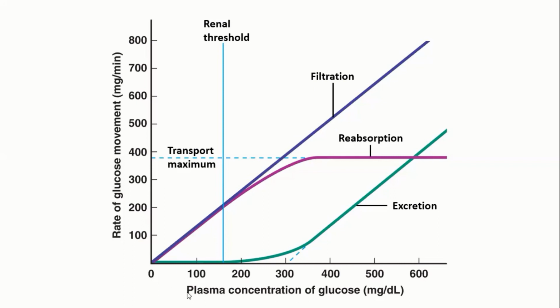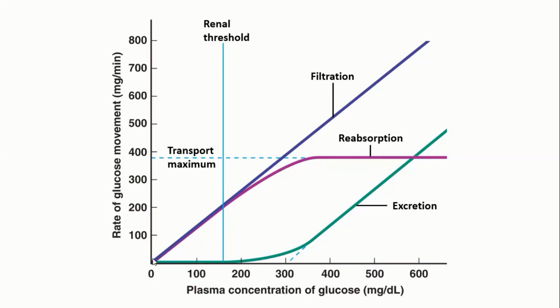As glucose in the blood increases, that just automatically increases the glucose in the filtrate. It's just going to keep going up and up. That's because the glucose is free to move across the barrier between the glomerulus and Bowman's capsule, nothing's stopping it. So any increase in plasma glucose increases the concentration of glucose in the filtrate directly.